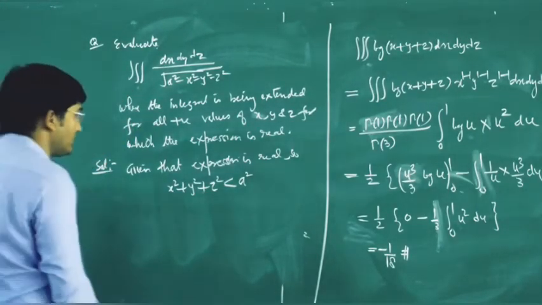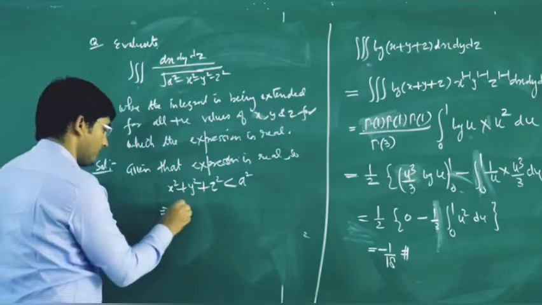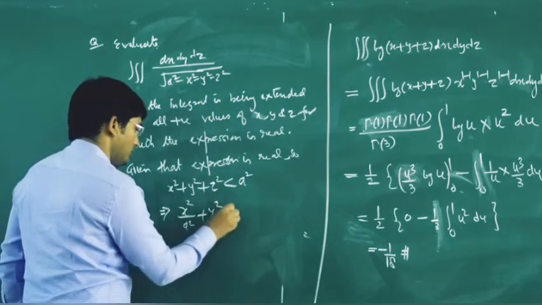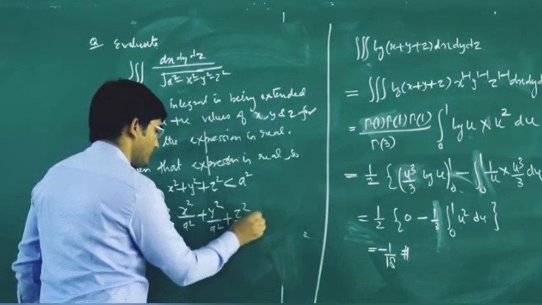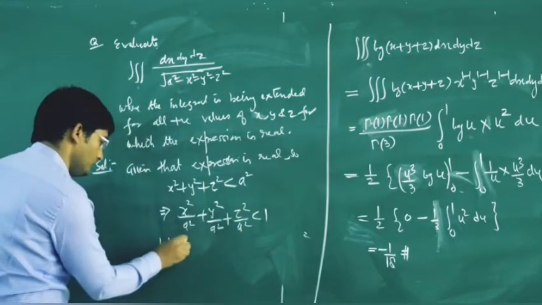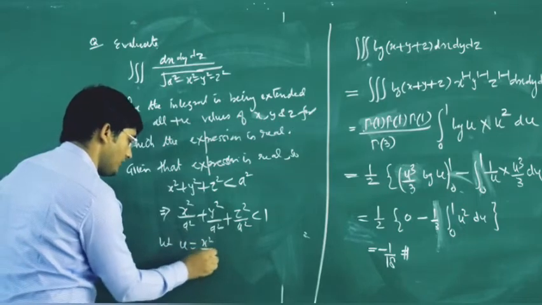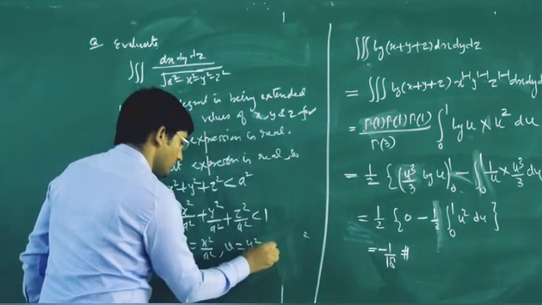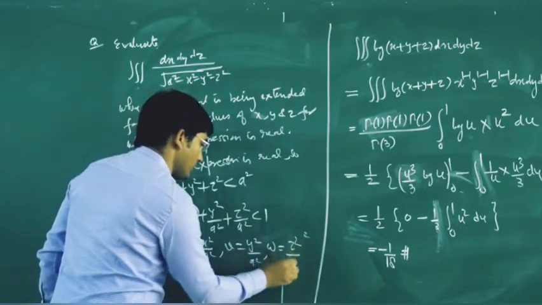So as this is less than a square, we have x square upon a square plus y square upon a square plus z square upon a square less than 1. Now let us assume u equal to x square upon a square, v equal to y square upon a square, and w equal to z square upon a square.